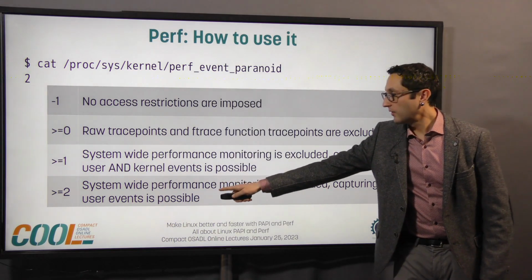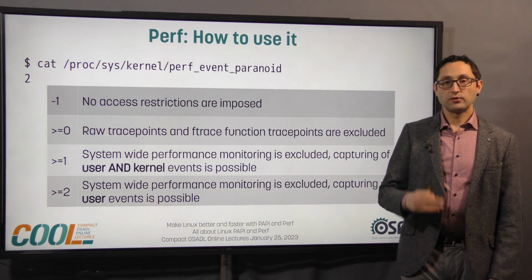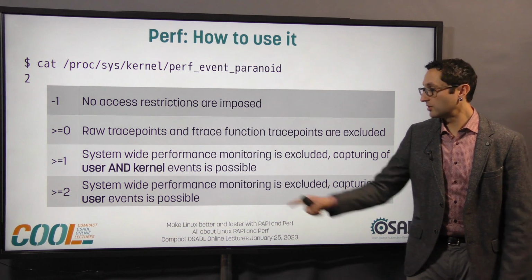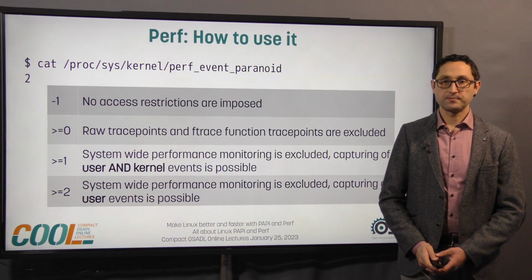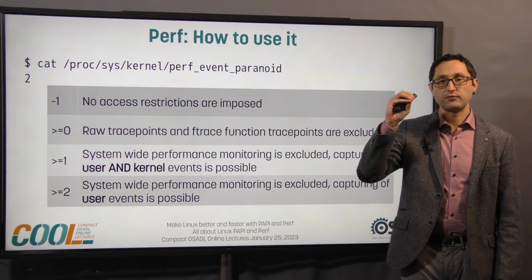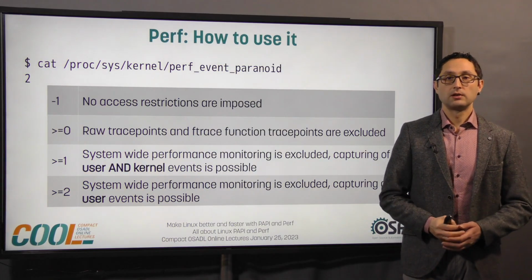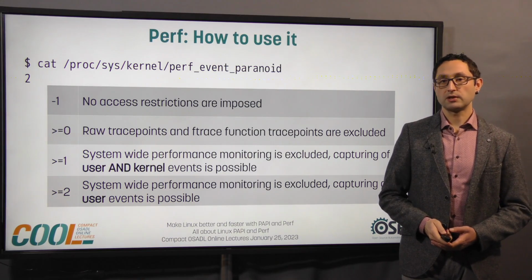If you have 2 or higher, this is pretty much similar: system-wide performance monitoring is excluded, and in addition, you can only trace user events. So it's a pretty fine-grained possibility to also set this on your production system, and you need to decide from a security perspective what is okay and what not.